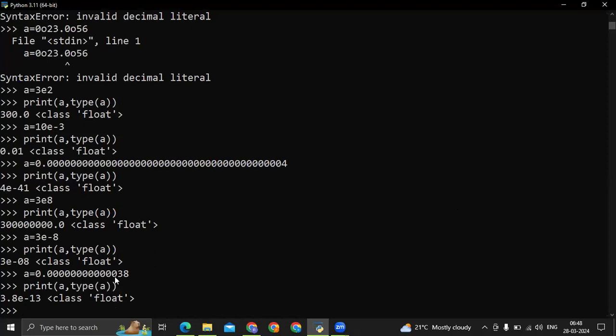Why? Because it converted it into the decimal number system floating point value. 3 is here and 8 is here, and exponential minus 13. Once you practice, you will come to know about it.